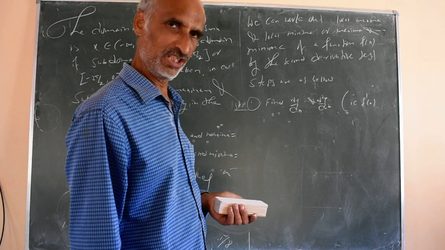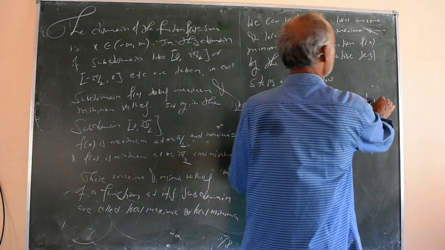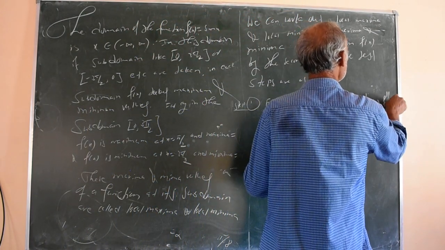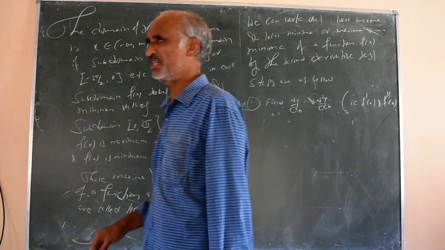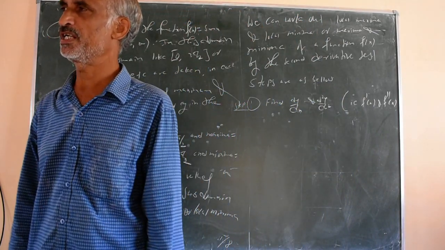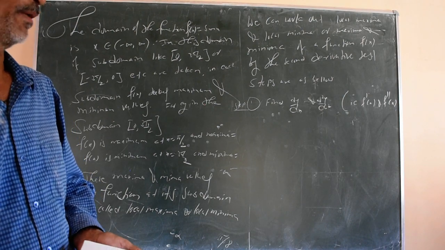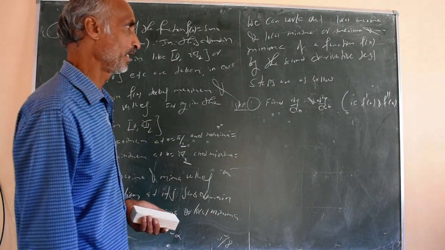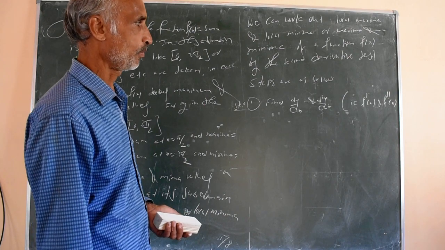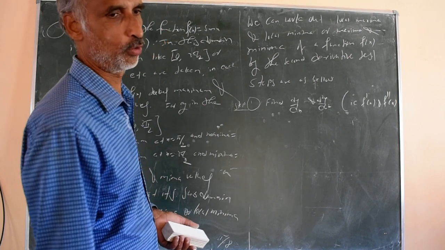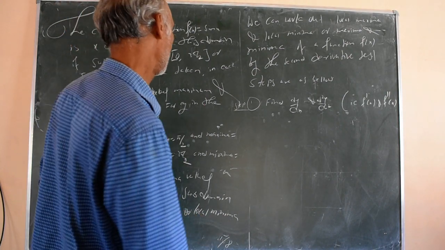And f double dash of x is the second order derivative. f double dash of x means d square y by dx square, one and the same. With y equal to f of x, dy by dx means f dash of x, and d square y by dx square means f double dash of x or y2 or y double dash, etc.